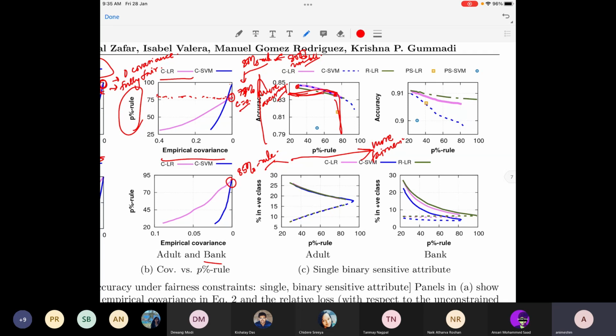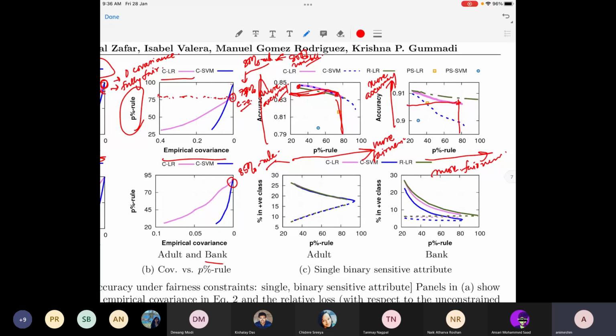Okay, similarly here for the bank data. So again, this is the fairness axis and the accuracy axis. For fairness, at 80%, you are able to maintain something like, so note that this is between 0.9 and 0.91.